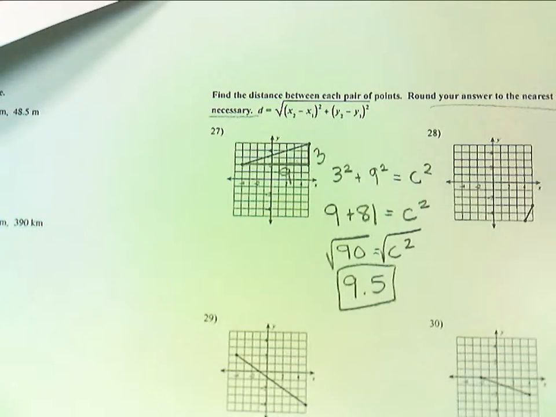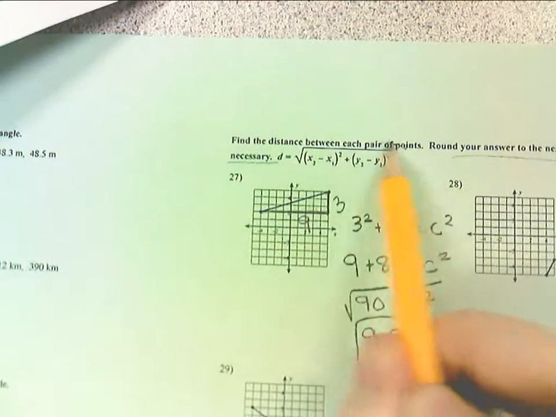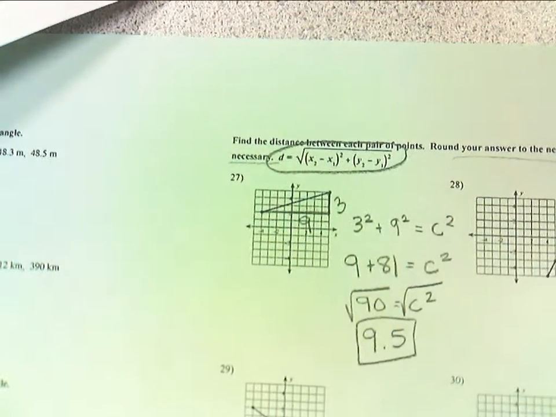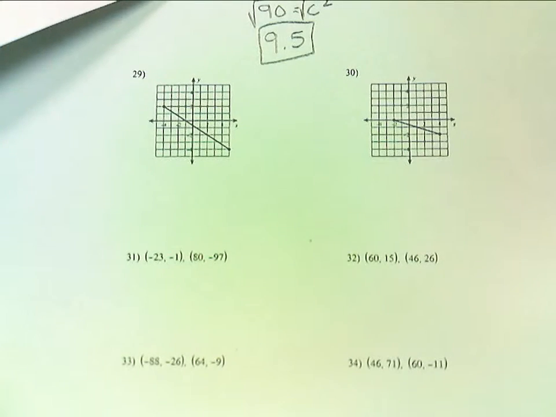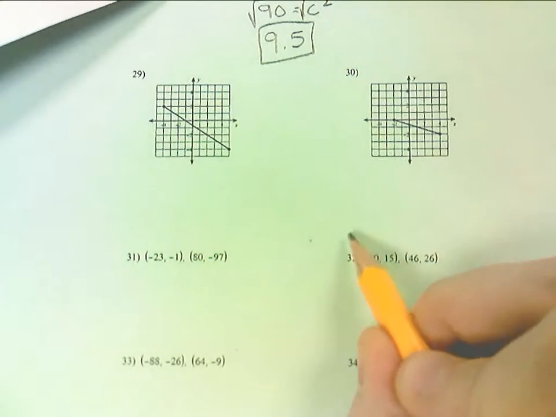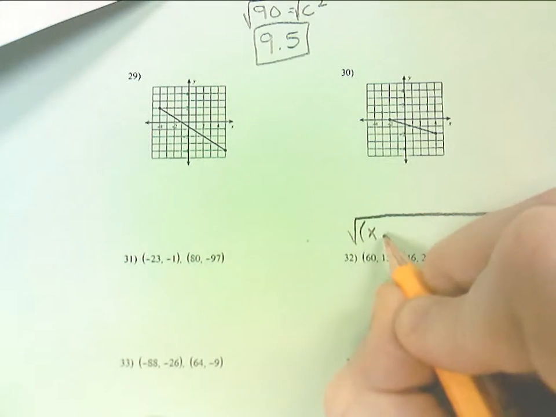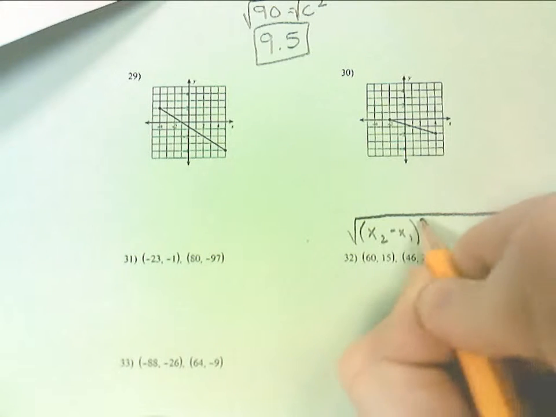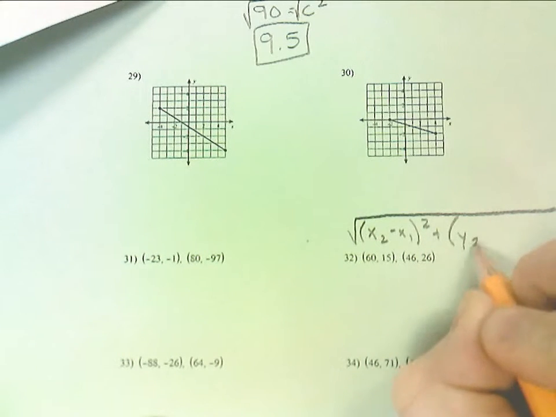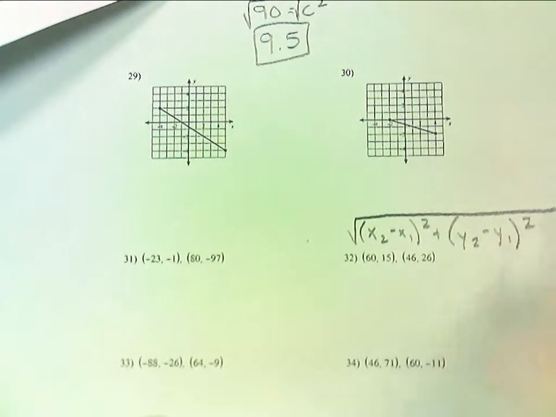Okay? Now, the distance formula is listed right here for you, so if you forget what it is, you can just look up to the top of the page. But let's go down and let's look at number 32 on the distance formula. So the distance formula, I'm going to rewrite it right here so that you can see it, is x2 minus x1 squared plus y2 minus y1 squared.